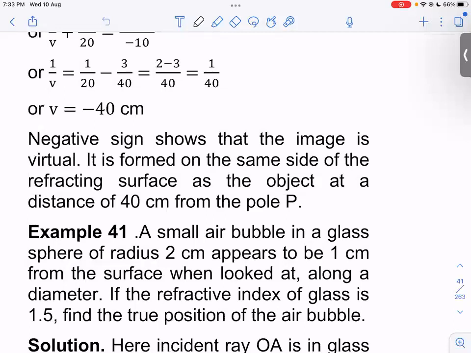The small air bubble appears to be at a distance of 1 centimeter from the surface, provided you look along this direction. You look along the diameter of the sphere. Wait, draw the diagram.